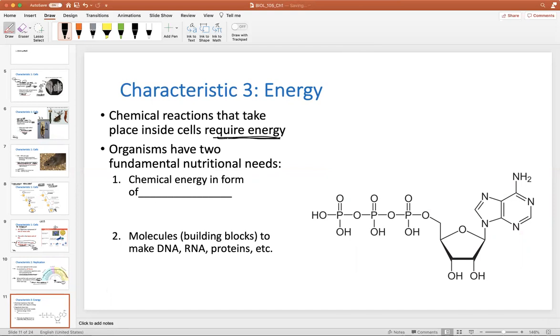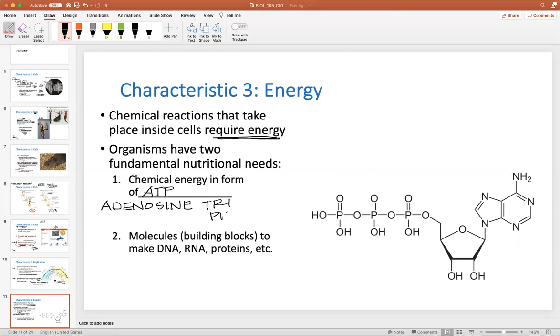And you've probably heard of the type of energy that cells use. The currency of energy, like the energy money of the cell, is ATP, which stands for, in case you didn't know, adenosine triphosphate.